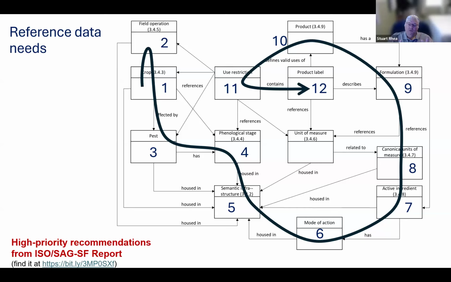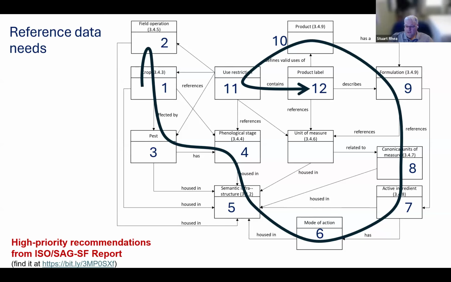So I'm showing you this for a particular reason: these vocabularies were identified in the SAG report because they're commonly agreed to be important, and they're commonly agreed to have some already existing good implementations. And our work is really going to be about shepherding that stuff into a stable format that we can manage long term. So mode of action and formulation are excellent additions to that work.